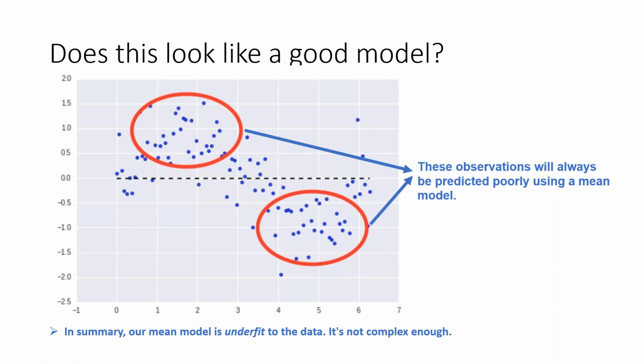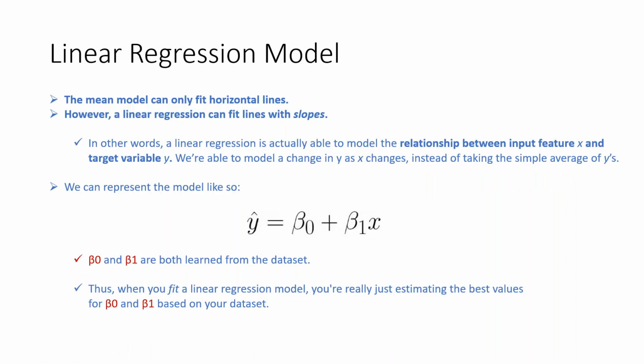Okay, now we will increase complexity. We want to give a little bit more flexibility to our model to understand the data, x and y. The mean model can only fit horizontal lines. However, a linear regression can fit lines with slopes. So I want to use a different kind of algorithm which is more complex than a mean model.